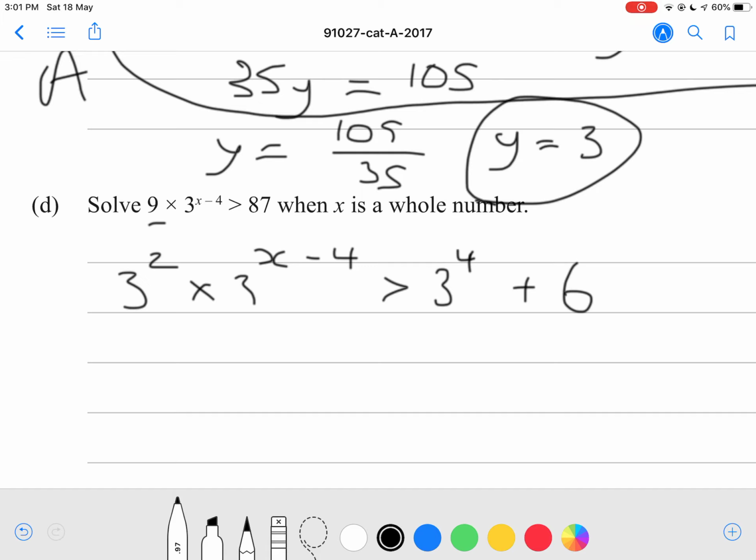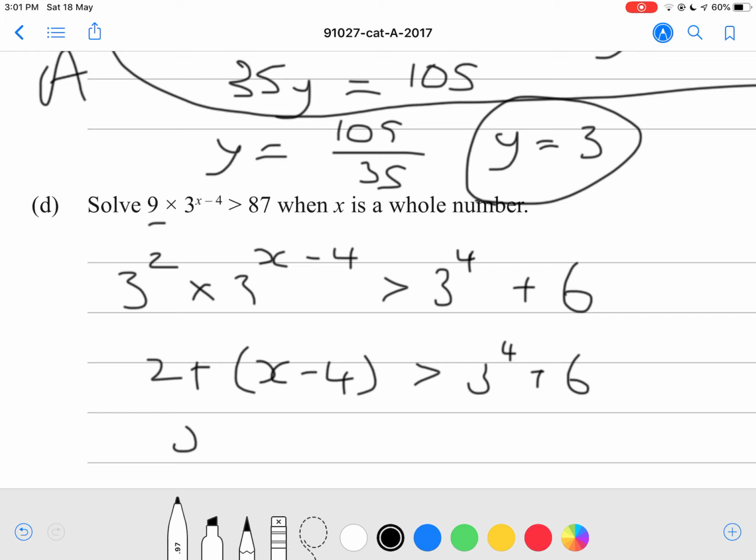Okay, so basically, combining these equations, we can get rid of base 3, so this base 3 is gone, so 2 plus x minus 4 is greater than 3 to the power of 4 plus 6, okay?